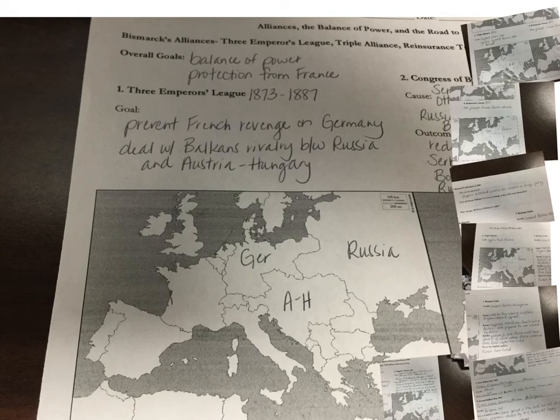He also wants to deal with the rivalry in the Balkans between Russia and Austria-Hungary. So remember, under the concert system after the Congress of Vienna, with the principle of intervention, Russia and Austria-Hungary worked together to stop revolts. But that really ended with the Crimean War when Austria-Hungary failed to come to Russia's aid. And so he wants to deal with those issues.